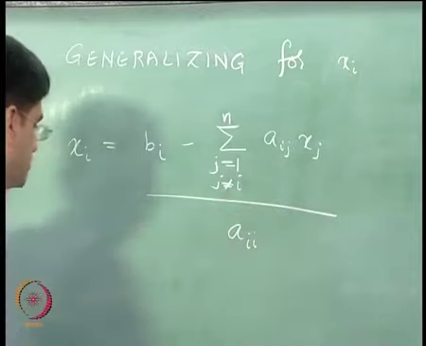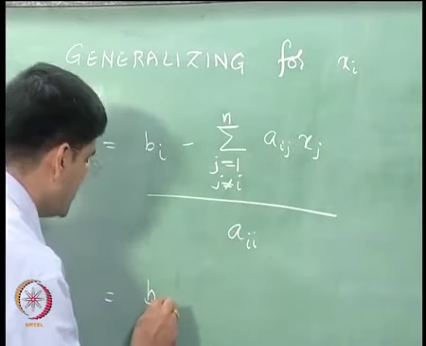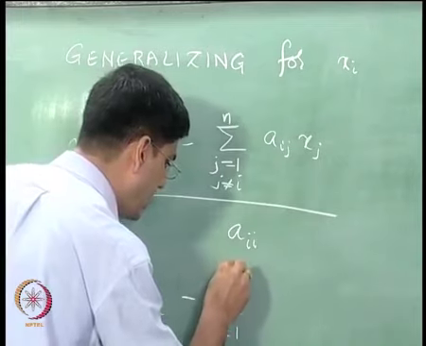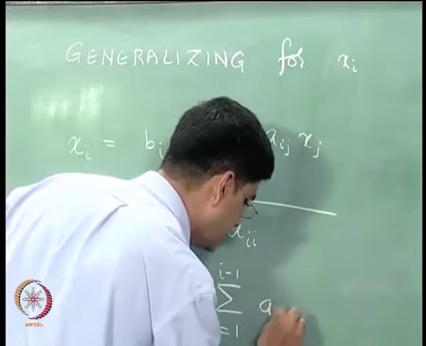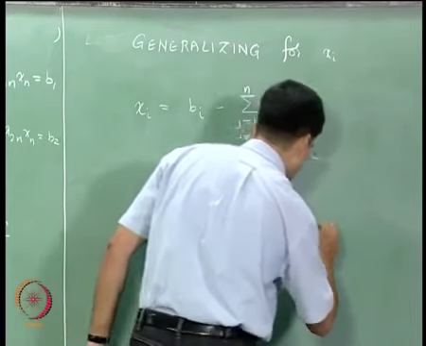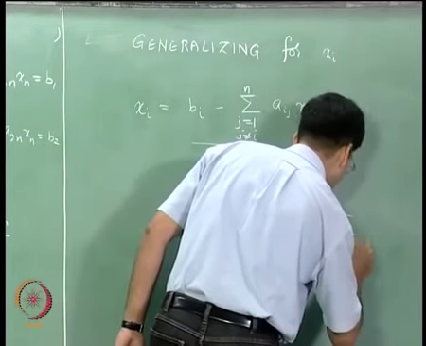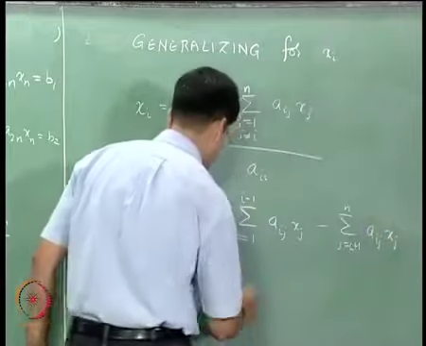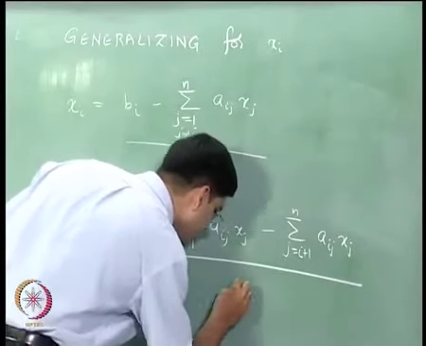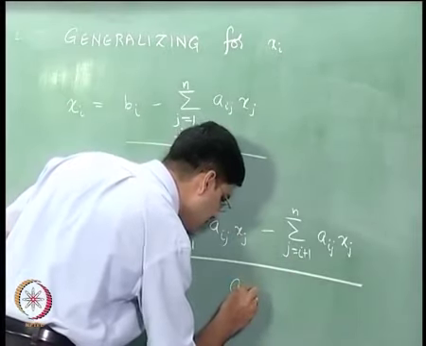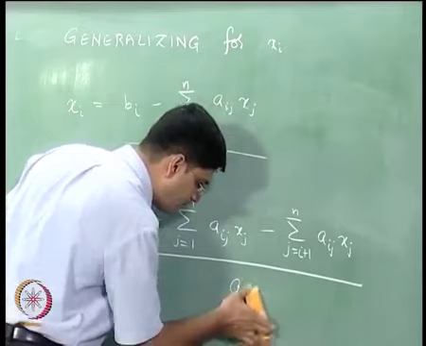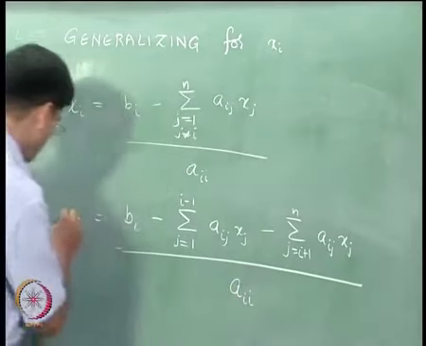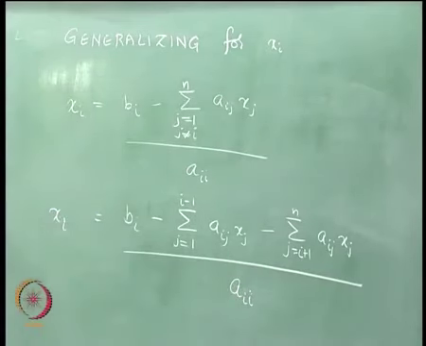This equation we will also be able to write as bi minus the summation of j equal to 1 to i minus 1 of aij xj, minus the summation j equal to i plus 1 to n of aij xj, divided by aii. That is going to be our xi.